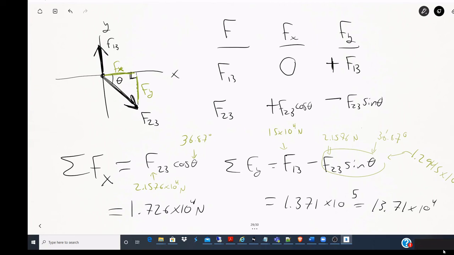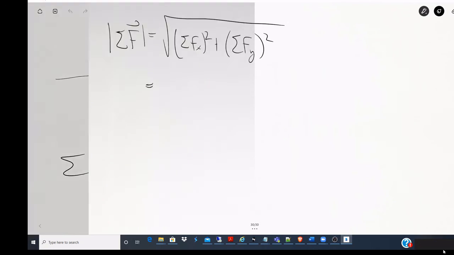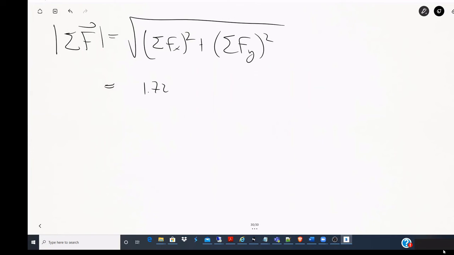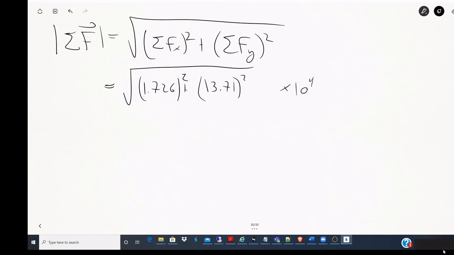So I have 1.726 and 13.71. And now I need to square these and add them together.